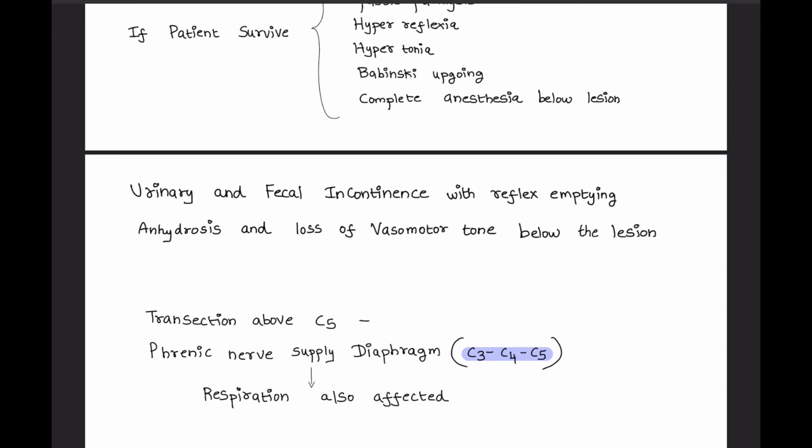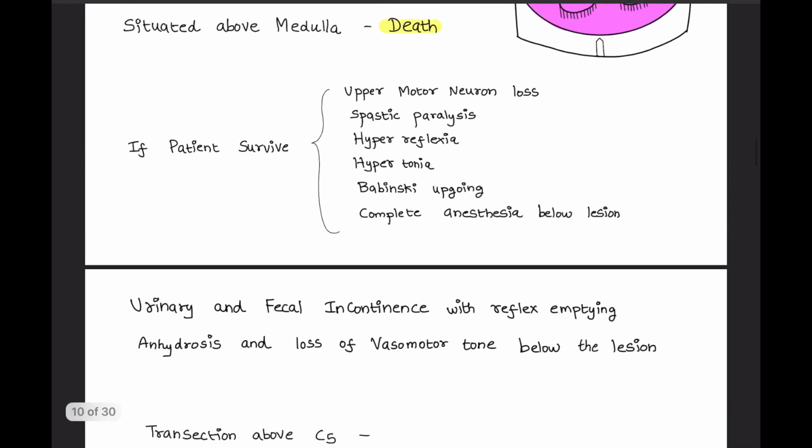Urinary and fecal incontinence means normally in an anal opening there is a sphincter muscle. The function of the sphincter muscle is to keep the anal opening closed. If there is a dysfunction of the sphincter muscle, the anal opening will remain open, and that is a problem. The same goes for the urinary bladder, whose function is to store urine.